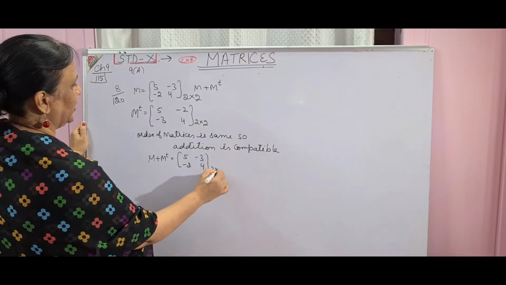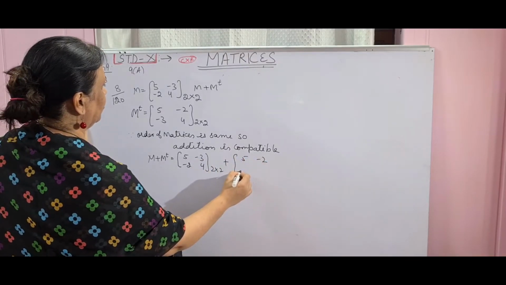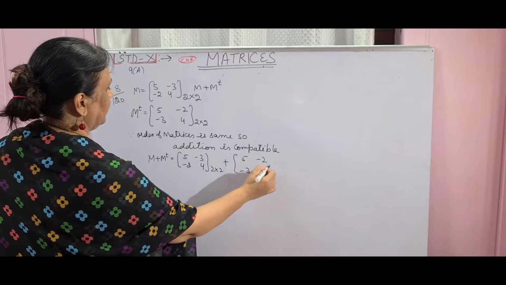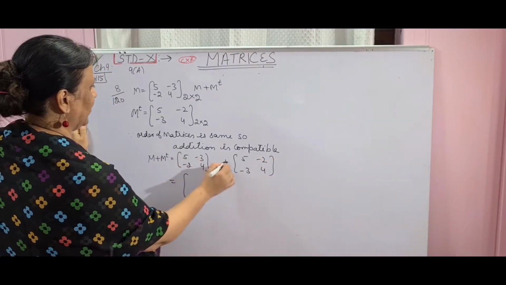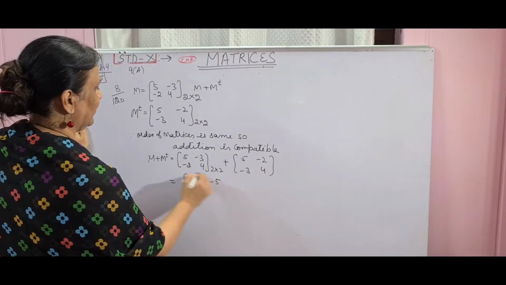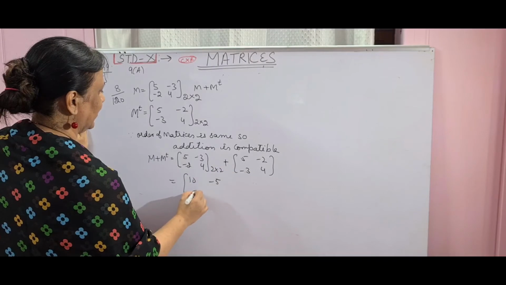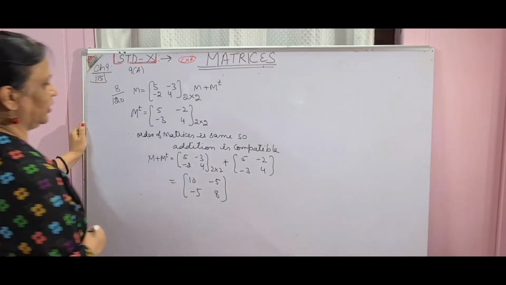Don't forget to write the order, and then you add it. I told you how to add, corresponding elements to be added. 5 plus 5, 10. Minus 3 plus minus 2, minus 5. Minus 2 plus minus 3, minus 5. Again 4 plus 4, 8. So this is your answer.